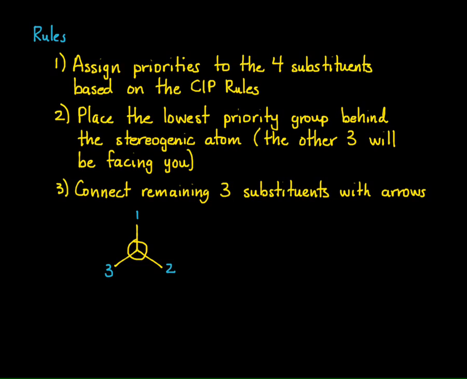So now I'm going to draw arrows to connect 1 to 2, 2 to 3, and then 3 back to 1. The rotation of that, notice, is like a clock. If you're thinking about the face of a clock, we're rotating in a clockwise direction.